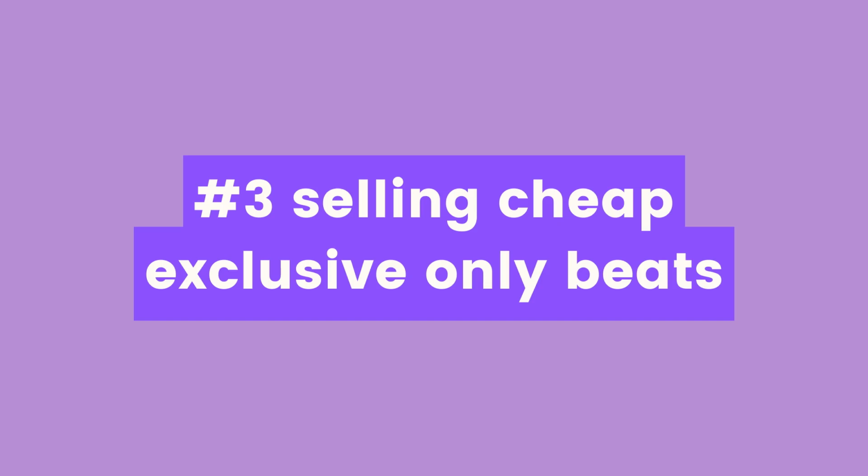I think it has a problem of its own, but just don't do it if you don't want to do it. But I think it's still a viable strategy in 2022, selling beats for cheap. So I've tried the first and second, and the third one you can try for yourself.